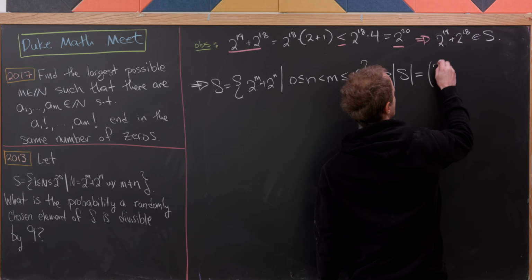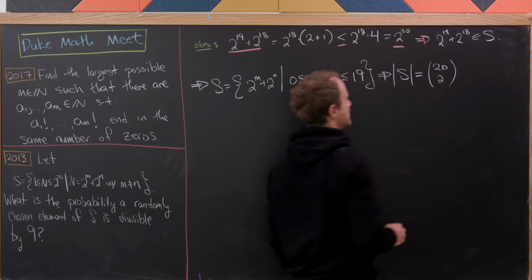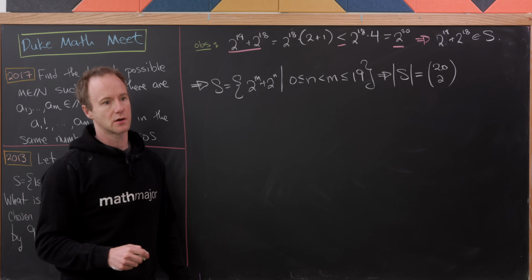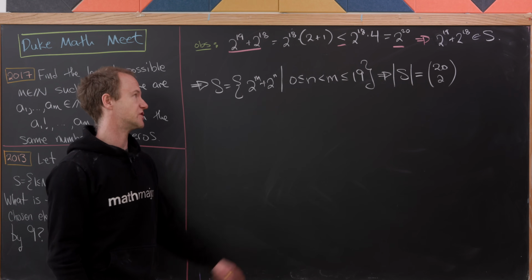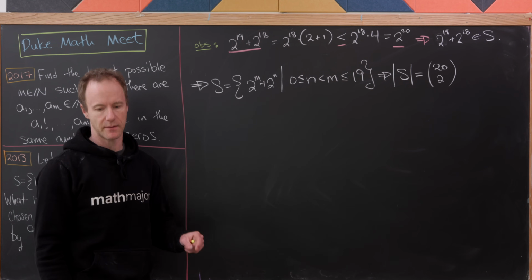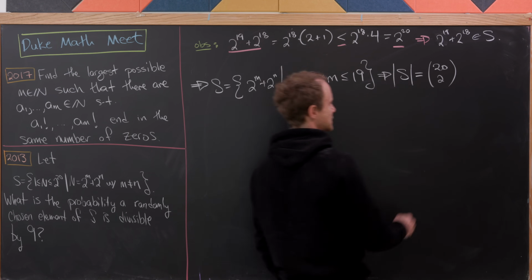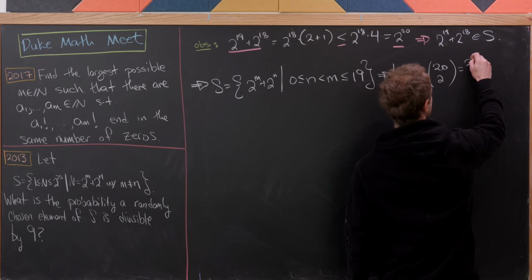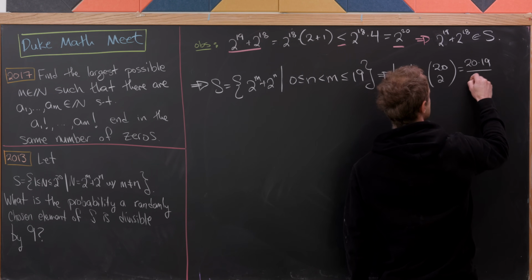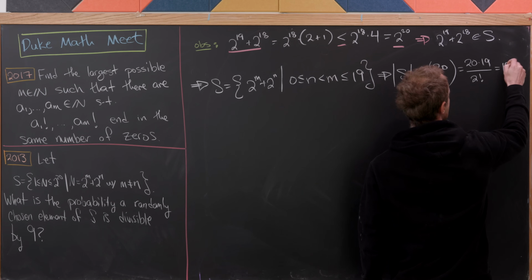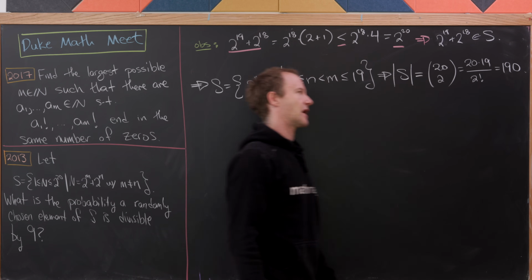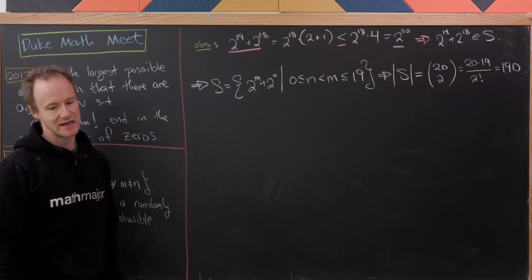So this is 20 choose 2. That's because there are 20 possible values to choose, 0, 1, 2, 3, up to 19, and we're choosing exactly 2 of them. Okay, so what's 20 choose 2? By definition, that's 20 times 19 over 2 factorial. That is pretty easy to calculate to be 190.